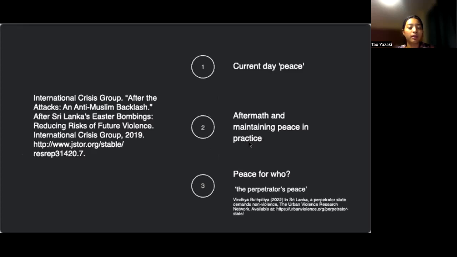And then the fifth text I wanted to talk about was a more recent text. It's by the International Crisis Group. It's a research report, and this particular section is titled "After the Attacks: An Anti-Muslim Backlash." I just want to contextualize this a little bit.